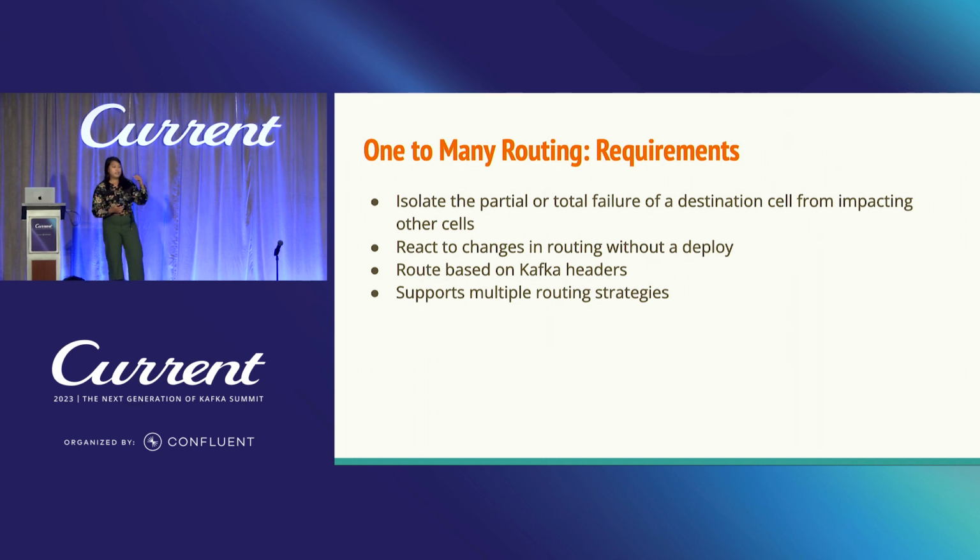So gathering some of the requirements that we found for getting data out of the data center and into the cells: one-to-many routing, failure isolation, and then we want to react to any changes without having to mess with any deploys. These two on the bottom I haven't quite discussed yet.